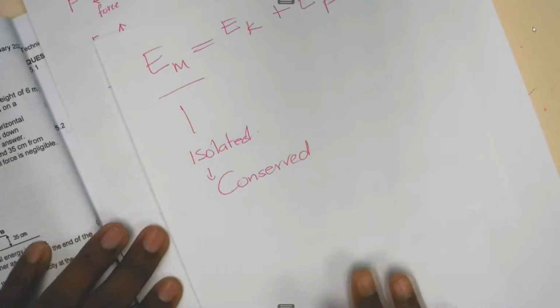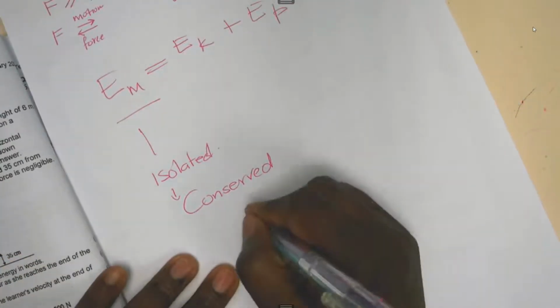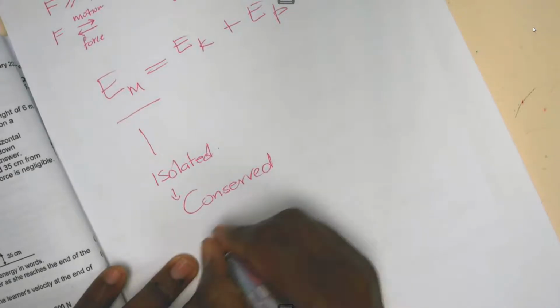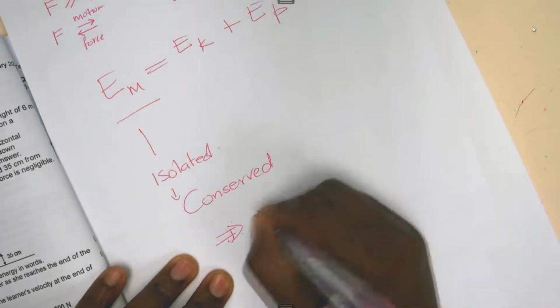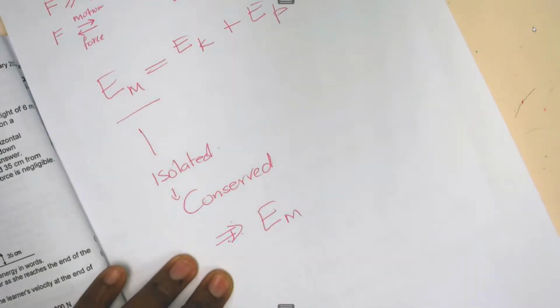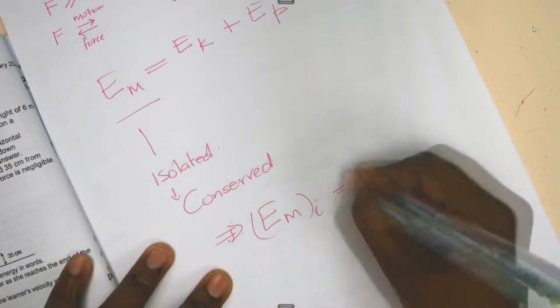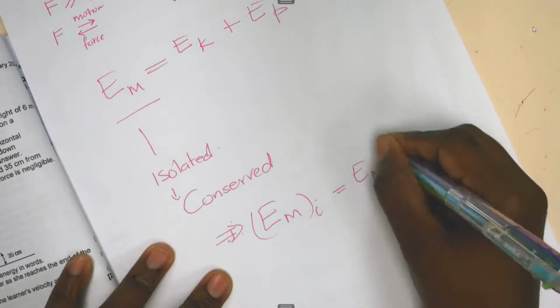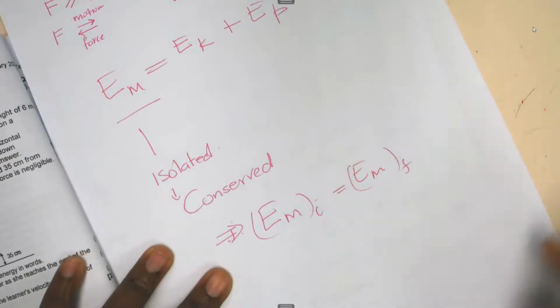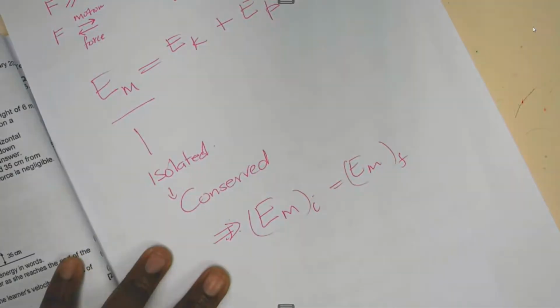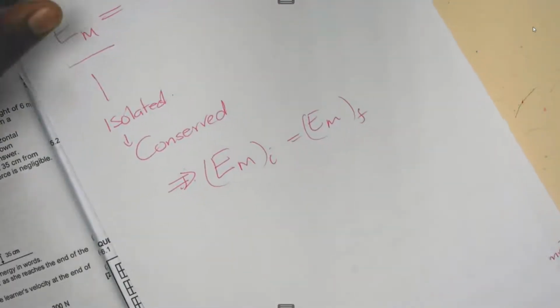Mechanical energy is conserved, which implies that at any point, the mechanical energy at this point will be equal to the mechanical energy at that point, because it is conserved.